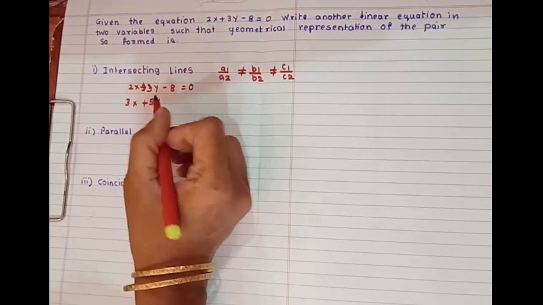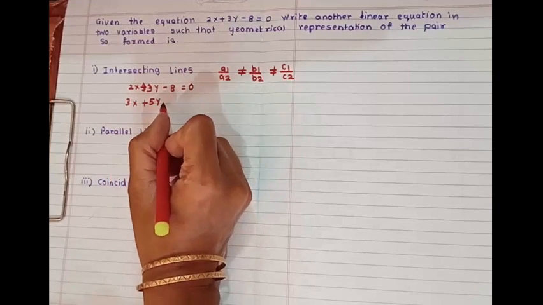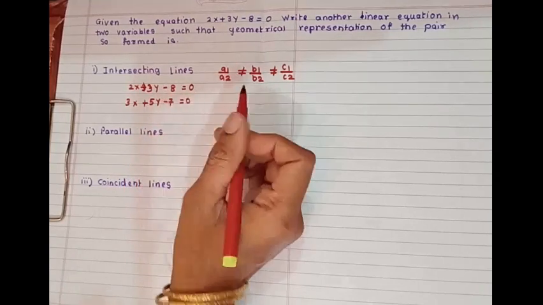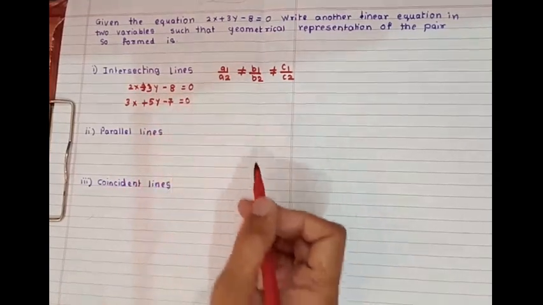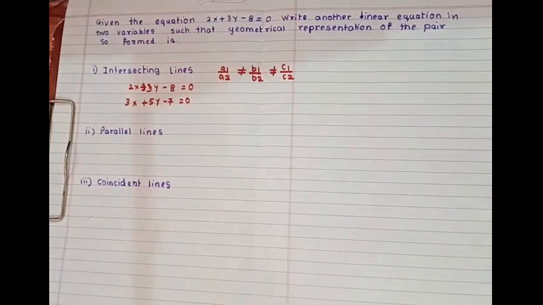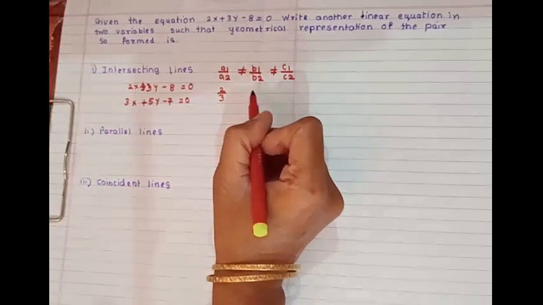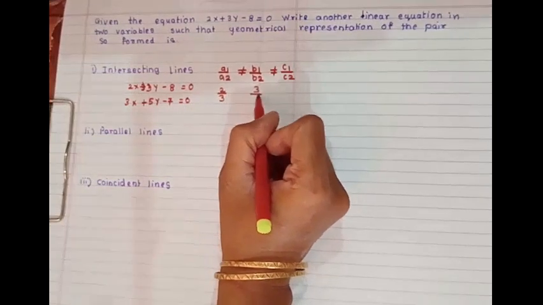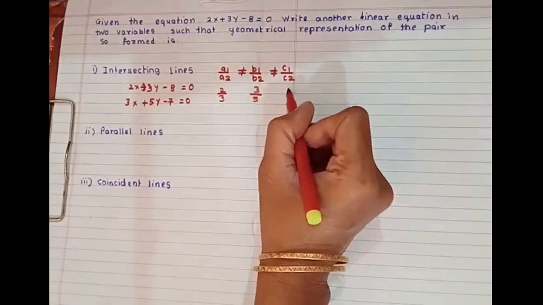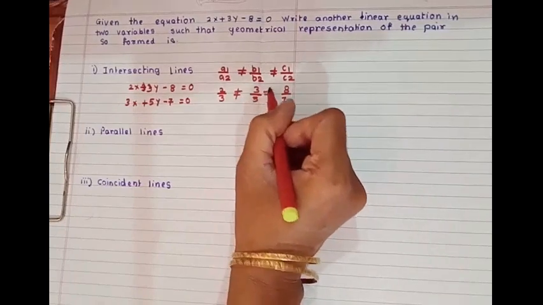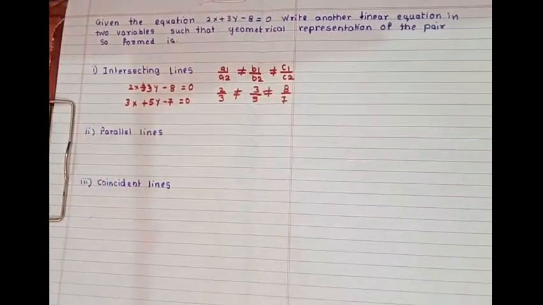So I will get the ratios which are not equal, minus 7 or plus 7, doesn't matter. So these two equations will be intersecting lines, where a1 upon a2 is 2 upon 3, b1 upon b2 is 3 upon 5, c1 upon c2 is 8 upon 7. So not equal. Parallel lines, what do we need?